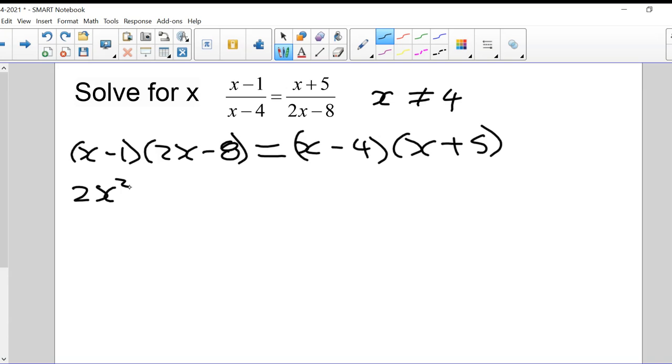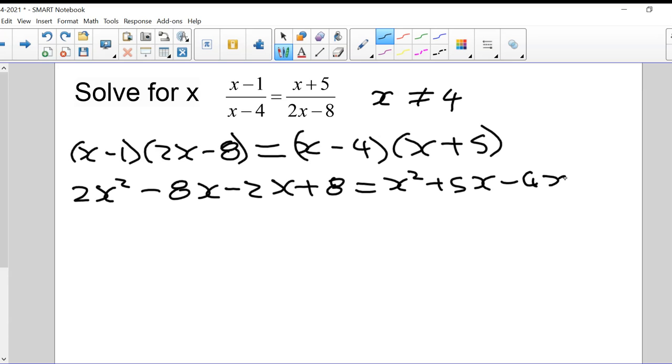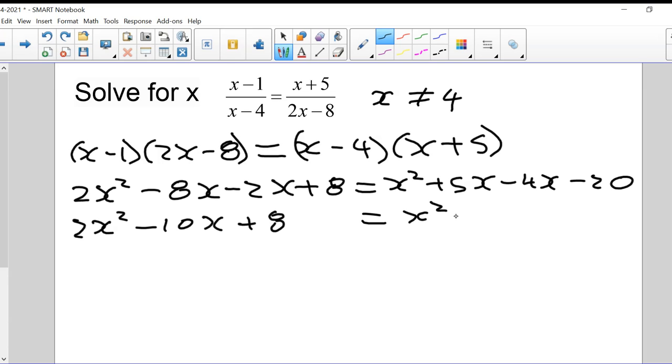So it's going to be 2x squared minus 8x minus 2x plus 8 is equal to x squared plus 5x minus 4x minus 20. And then we're going to put everything over. Well, let's tidy this up first. 2x squared minus 10x plus 8 is equal to x squared plus x minus 20.